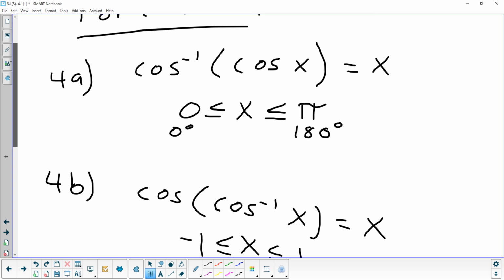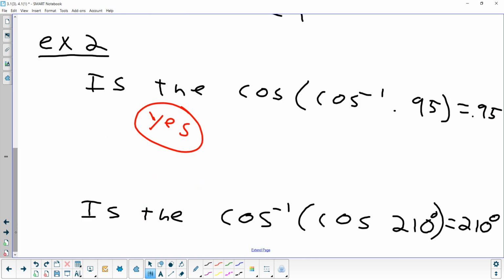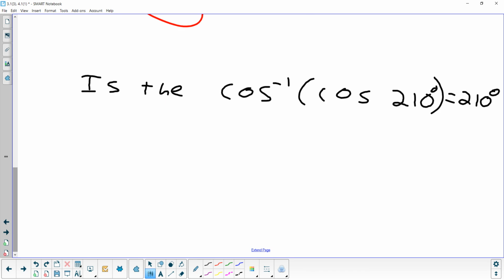What are we supposed to be between, Jacob, for formula 4a? 0 and 180. So Cassidy, what number did I plug in? 210. Is that between 0 and 180? No. So that doesn't work. Okay, any questions on that one?